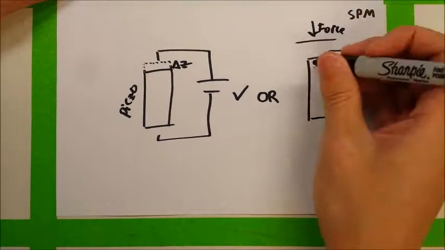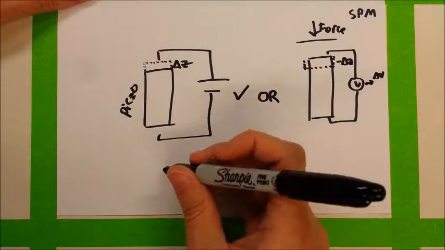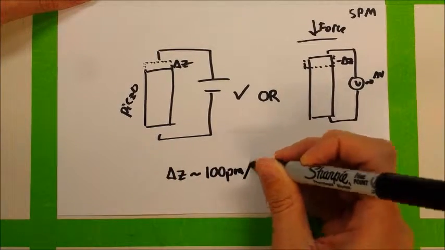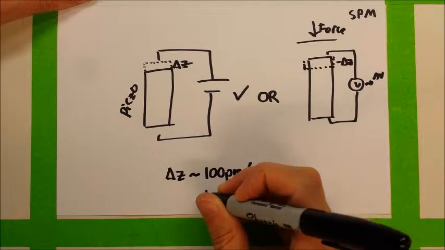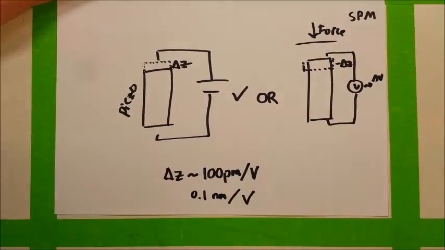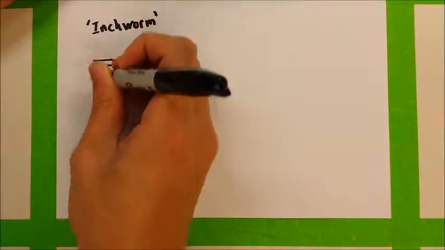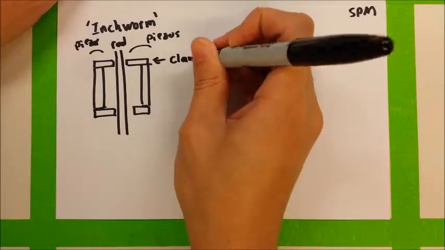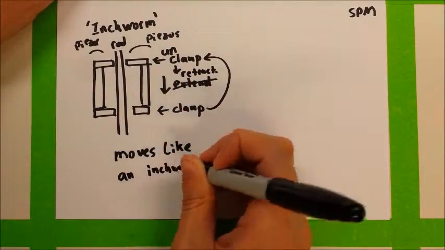The change is typically on the order of a few hundred picometers per volt, and this is small. But that means that we can move incredibly small distances by applying very small voltage changes, and moderately small distances with even higher voltages. Piezos in different clever configurations are used to achieve the displacements required in both STM approach and in scanning.